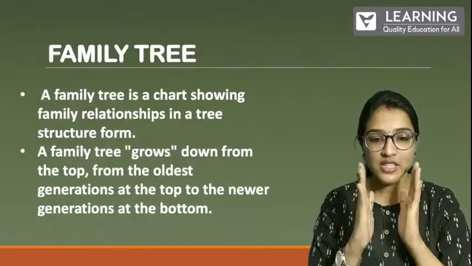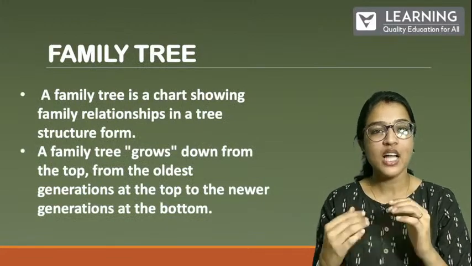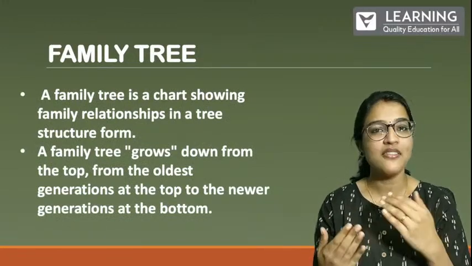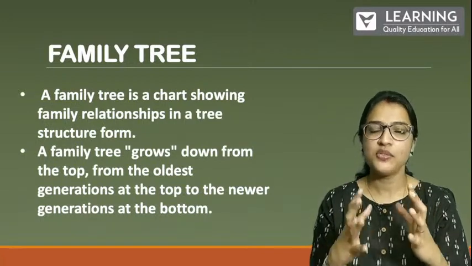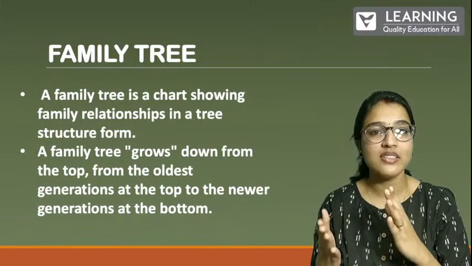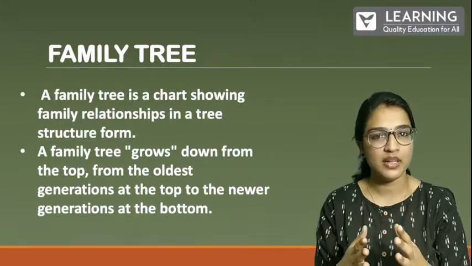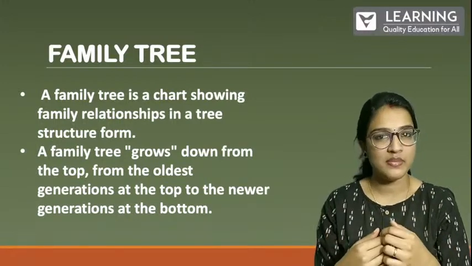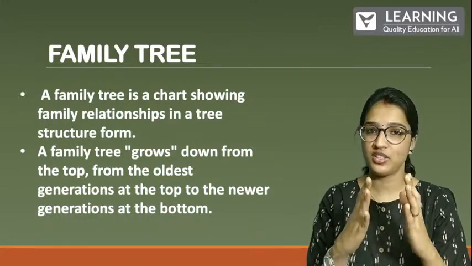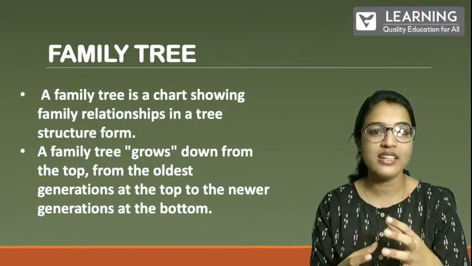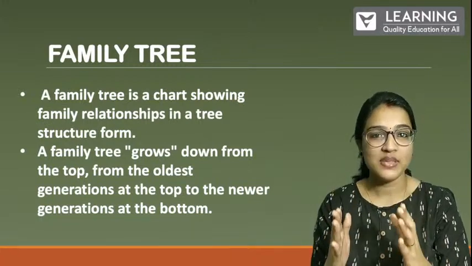Now, the next one is family tree. Now we have to know what is a family tree and how do we draw a family tree. So a family tree is a pictorial representation of a family. All of us have a family and we can represent our family in a tree structure form. If we do that, it is known as a family tree.